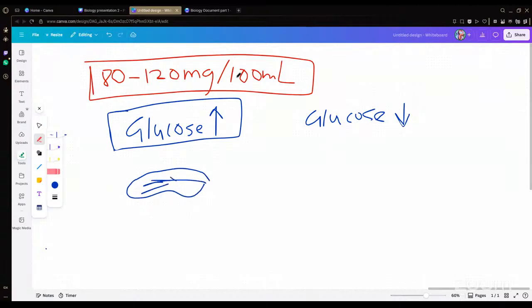The pancreas has something called beta cells. I'm just drawing the sign. Beta cells in the islets of Langerhans. The islets of Langerhans are where the beta cells are located, and they have both alpha cells and beta cells. But in this situation, we're talking about beta cells.